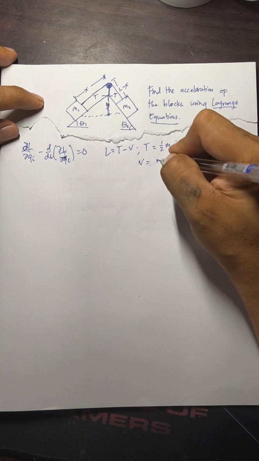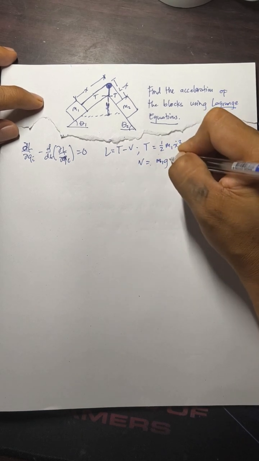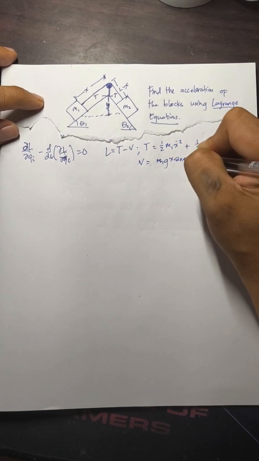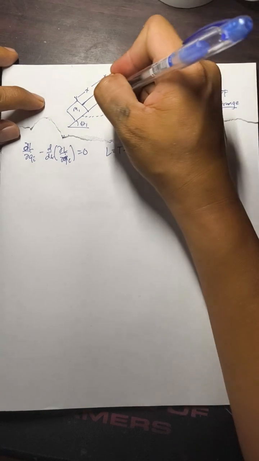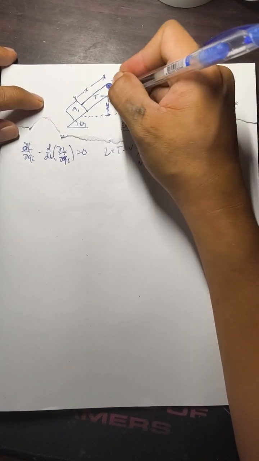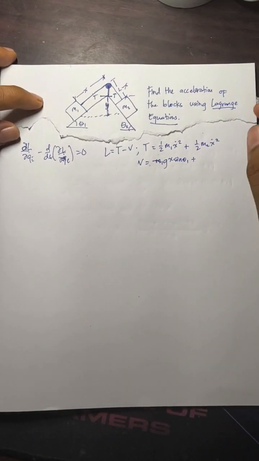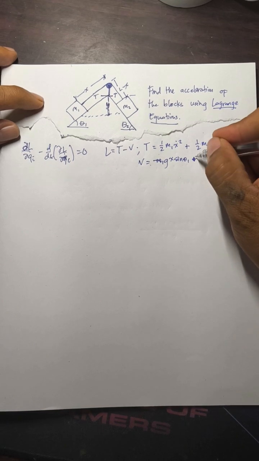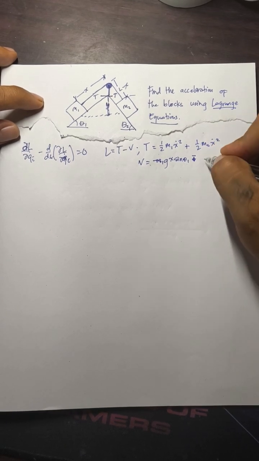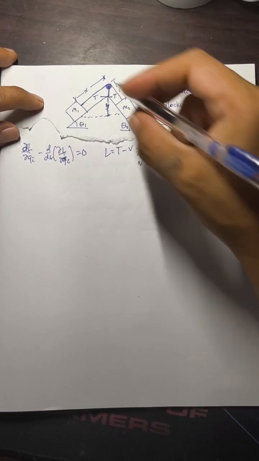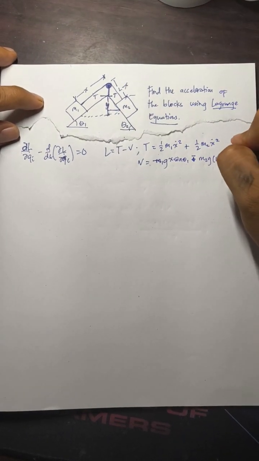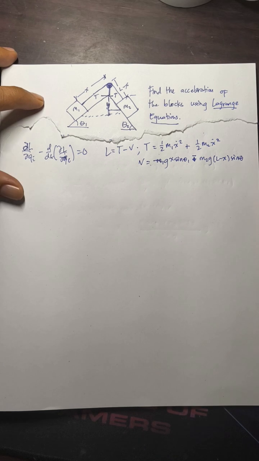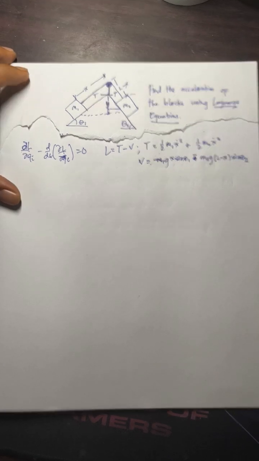So this is m1 g x sine theta 1, plus, and it's negative because I'm setting the zero potential here, so this will be negative y, minus m2 g times the length L minus x, times sine theta 2.